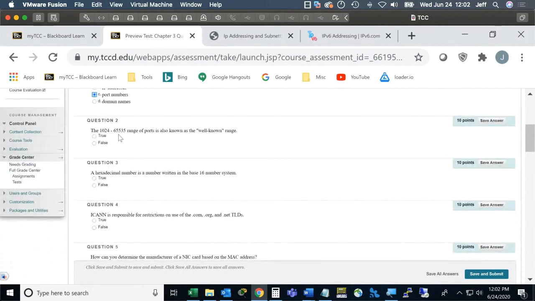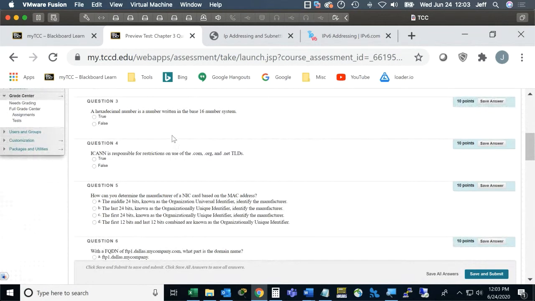The 1024 to 65,535 range of ports is also known as the well-known range. False, right? It's everything under 1024 that is the well-known range. Think of port 80, 443, right?